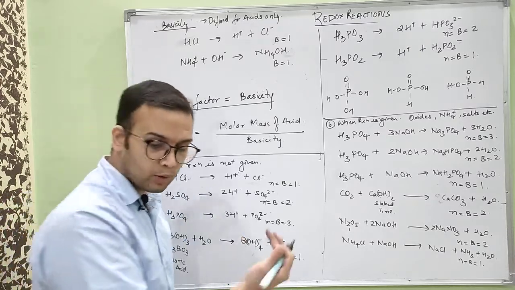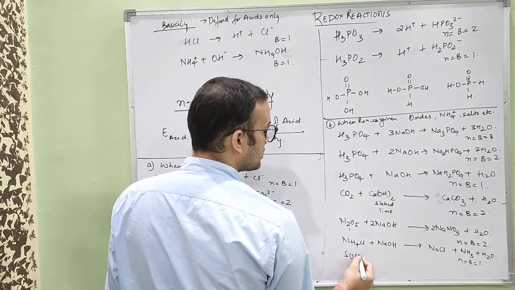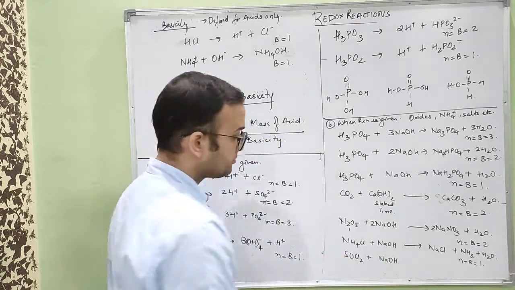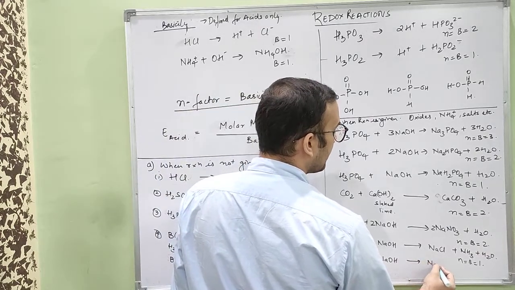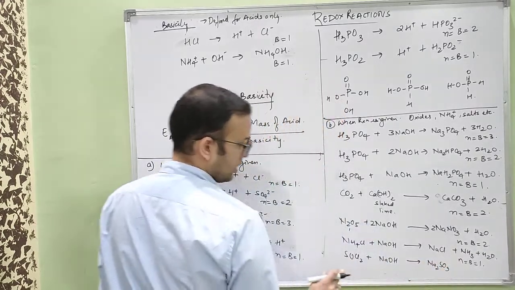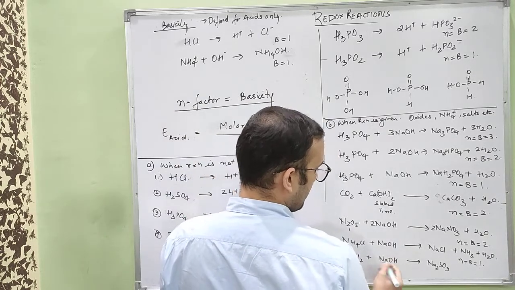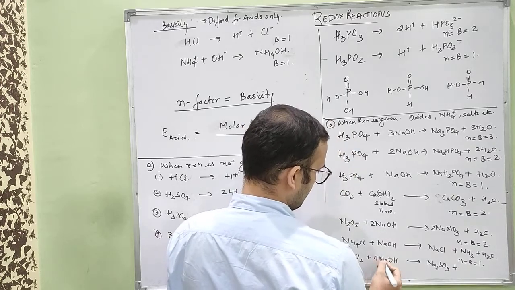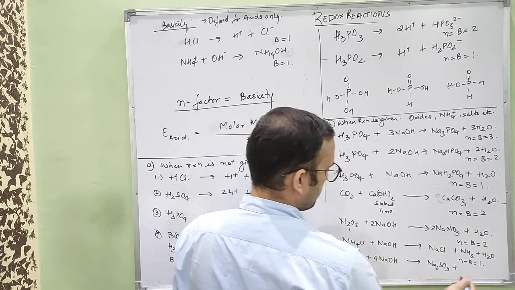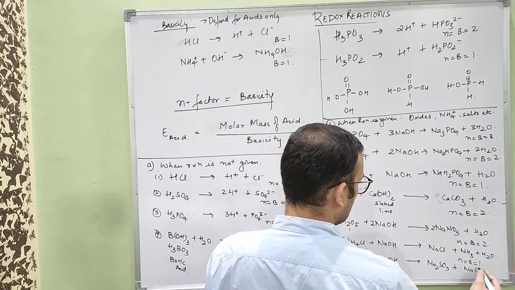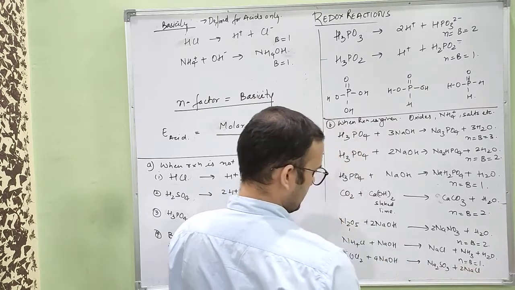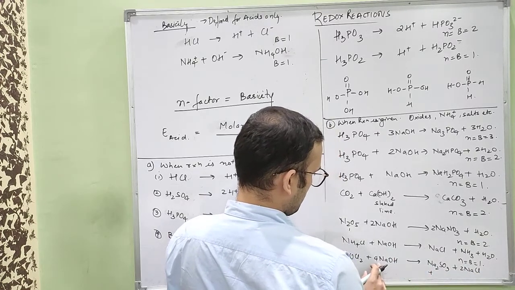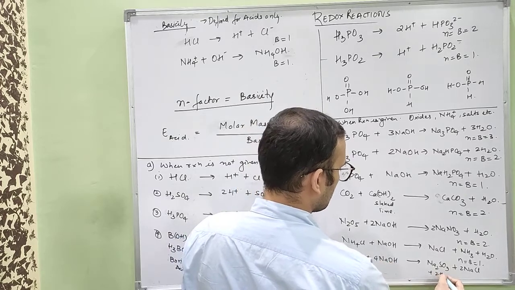Okay, let's take the example of SOCl2. SOCl2 plus NaOH. Here the reaction is Na2SO3 plus 2NaCl plus 2H2O.